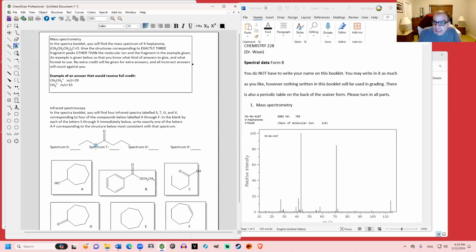The propyl cation is C3H7, 3 times 12 for the 3 carbons is 36, 36 plus 7 for the 7 hydrogens makes 43. And that's actually the base peak, the propyl cation. So you write CH3CH2CH2+, m over z equals 43.